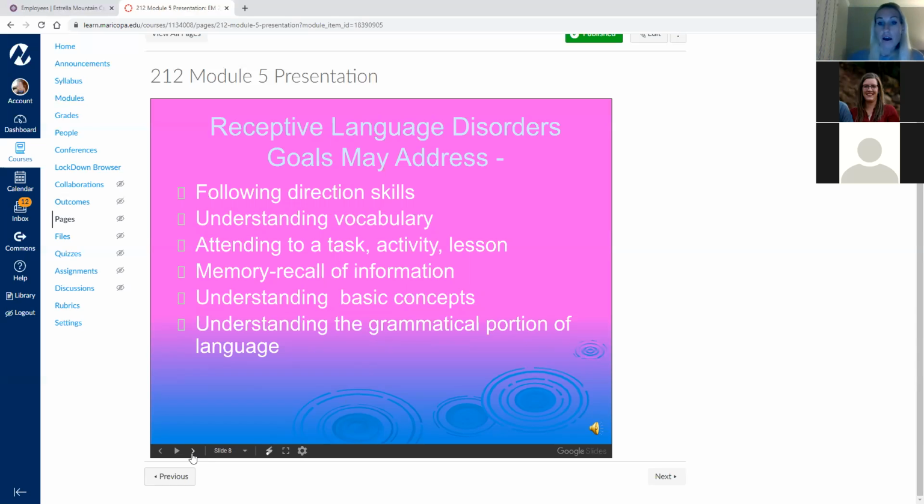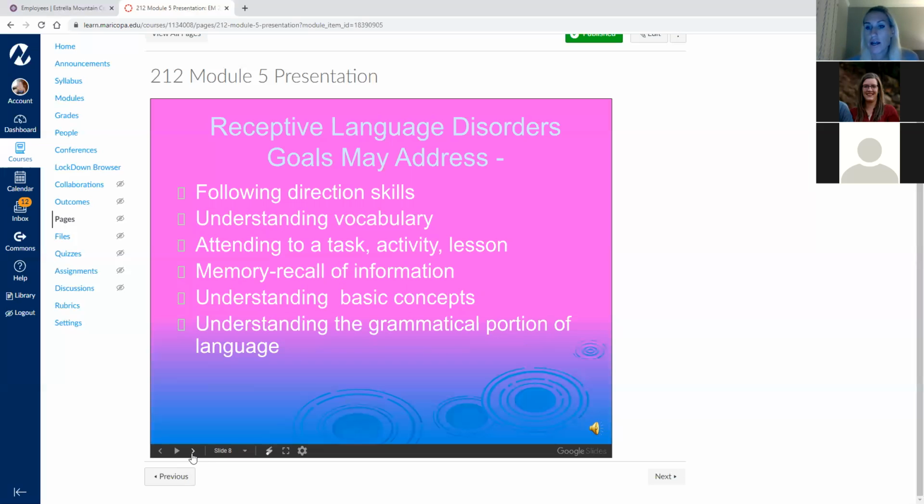So memory, recall of information, understanding basic concepts. You'll see that quite a bit. And when we as therapists refer to basic concepts, we're usually looking at those directional or preposition terms: over, under, next to, behind, beside, below.